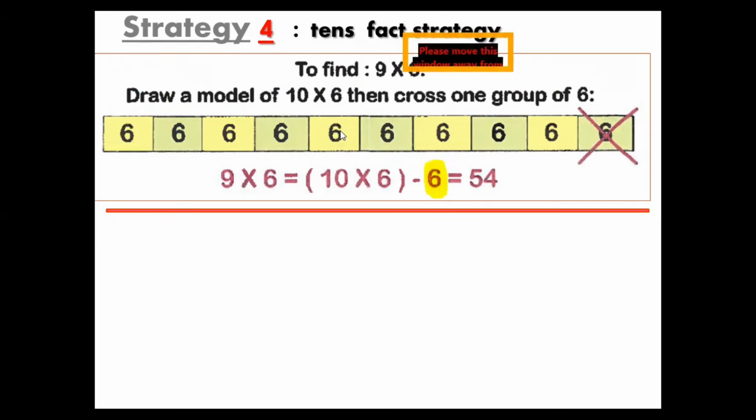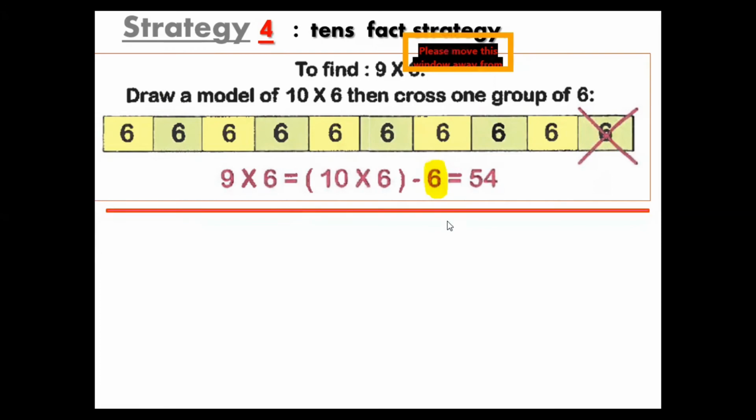Because I know the product of 10 by 6 is 60, we then cross out one group of 6. So 9 by 6 can be written as 10 by 6, which is equal to 60. Then we take 6 from 60 to get 54.